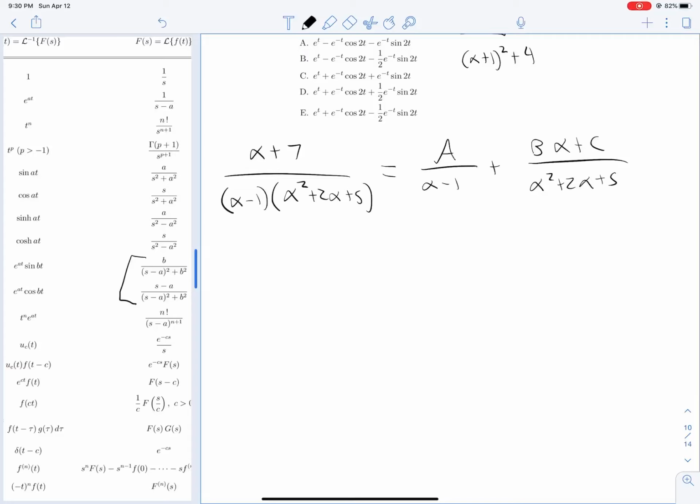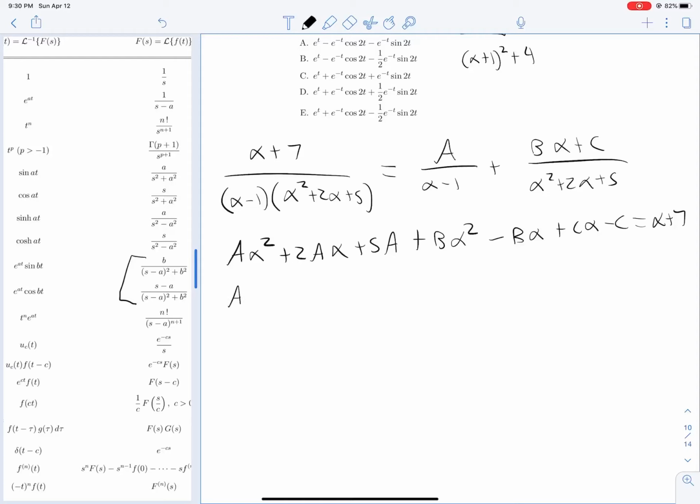We're going to multiply our denominator up into everything, and so we will end up with a alpha squared plus 2a alpha plus 5a plus b alpha squared minus b alpha plus c alpha minus c is equal to alpha plus 7.